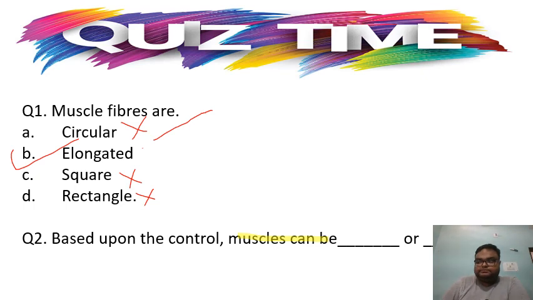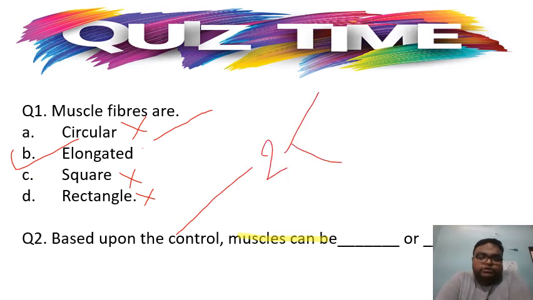Okay. So we saw in our previous slide that based upon the control, muscles can be of two types, right? And what are those two types?